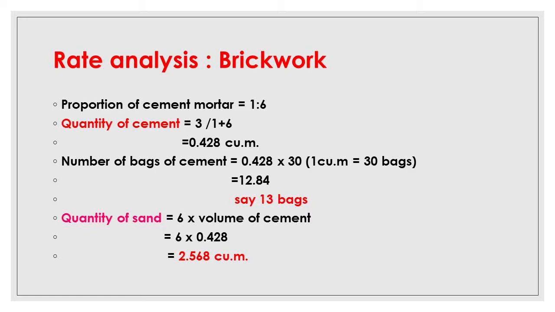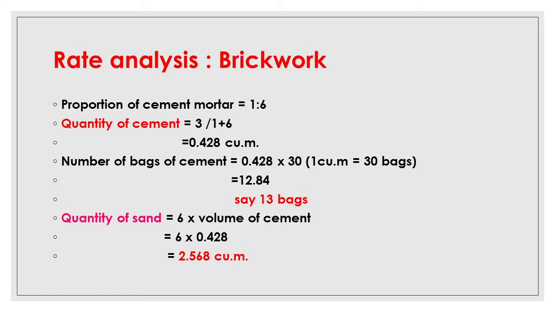So in this given problem, 0.428 meter cube is the volume of cement. So number of bags of cement will be equal to 0.428 multiplied by 30, because 1 cubic meter means 30 bags. So for 0.428, how many bags of cement will be required? That is 0.428 multiplied by 30. It comes to 12.84 bags. We can round it to the higher side.